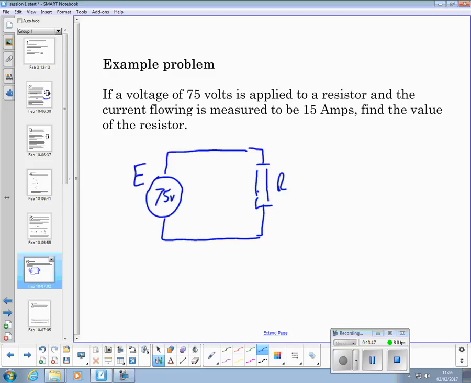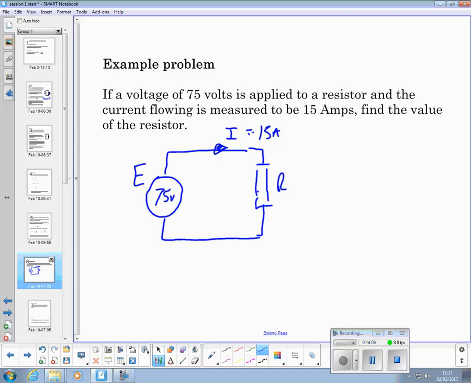It's a form of electromotive force, and we know that a current is flowing in the circuit, I, and I is equal to 15 amps. Find the value of the resistor.